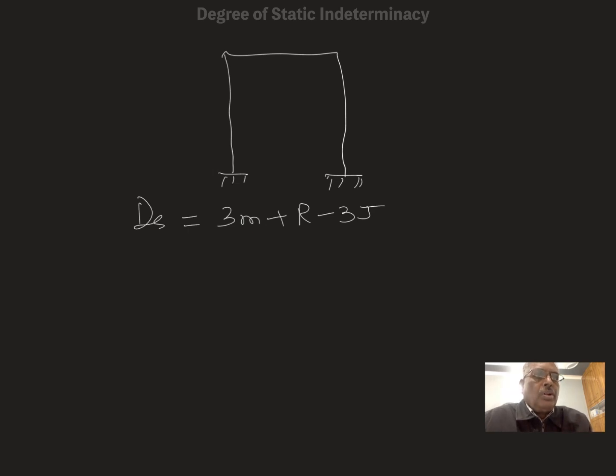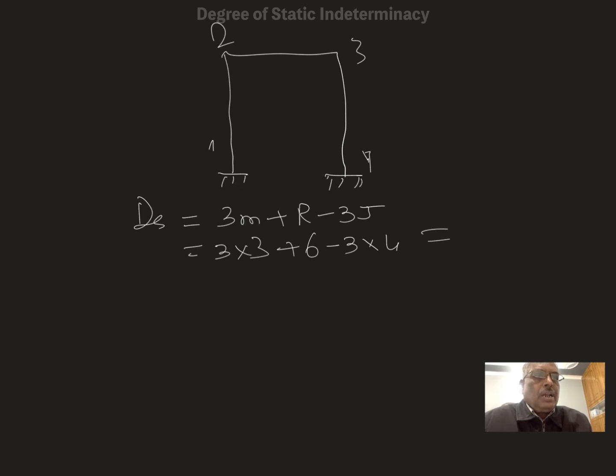Now I am going to solve by the method of joints. Here by the method of Henderson you will get 3. Now let's see how much it is coming. How many members? 1, 2, 3. 3 members. How many reactions? 3 here, 3 here, 6 reactions. How many joints? 1, 2, 3, 4. 4 joints.